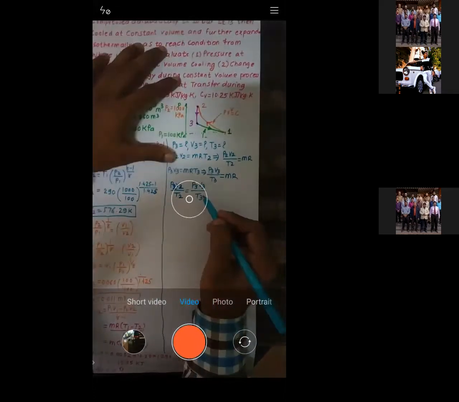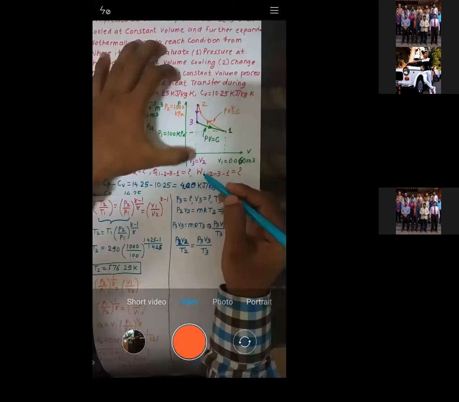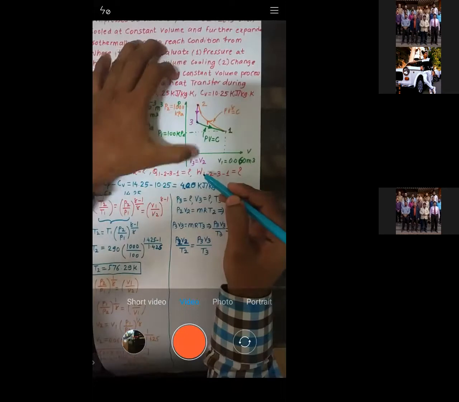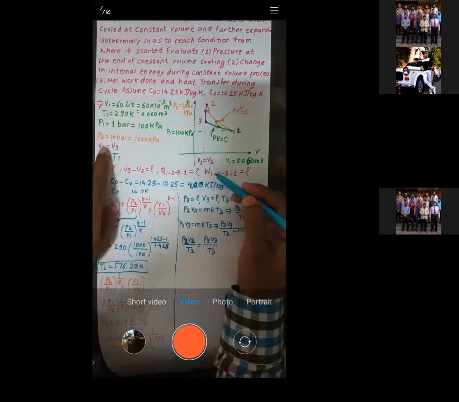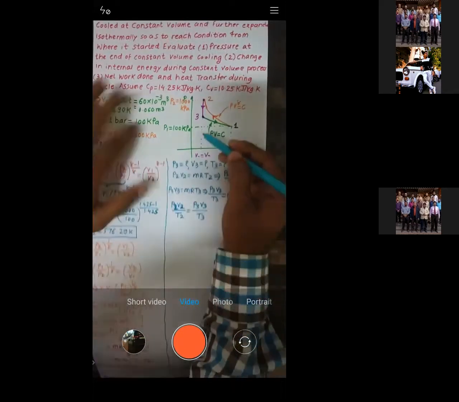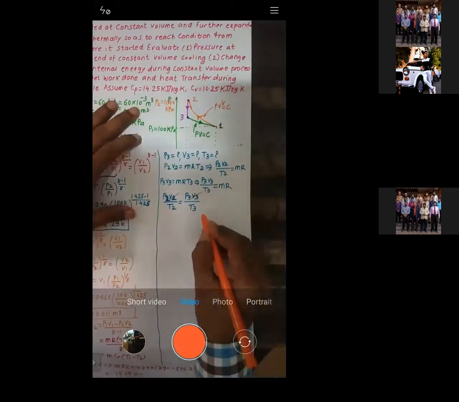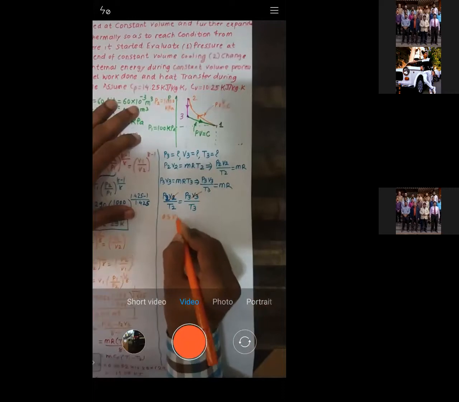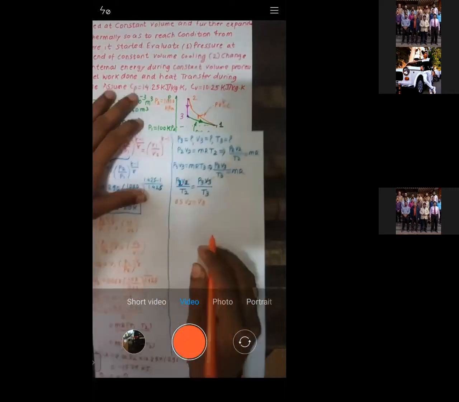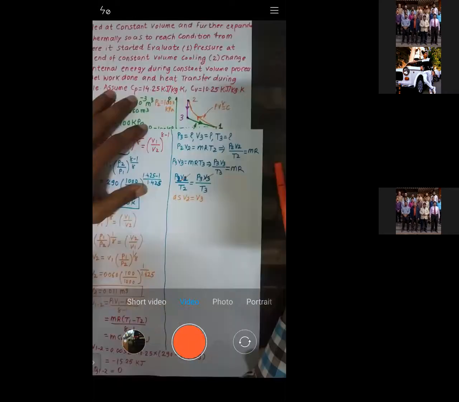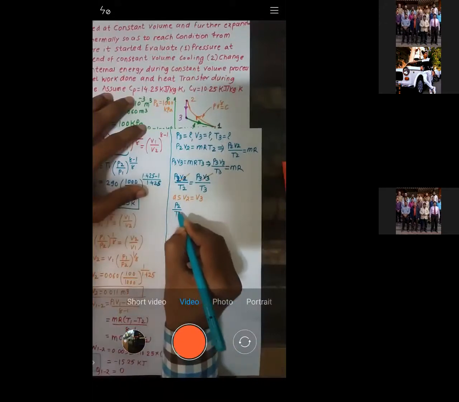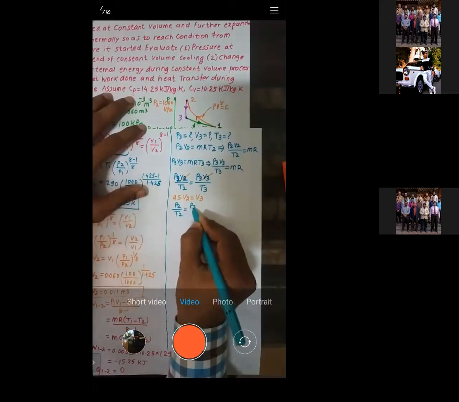But during 2 to 3, you can check the volume is constant. Volume at point number 2 and volume at point number 3 are the same. So V2 and V3 get cancelled, as V2 is equal to V3. What expression will we get? We'll get P2 by T2 is equal to P3 by T3, right?